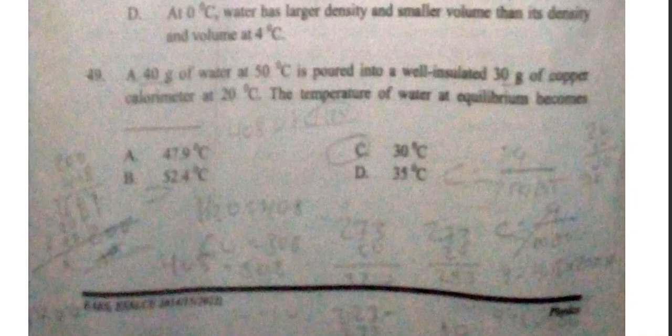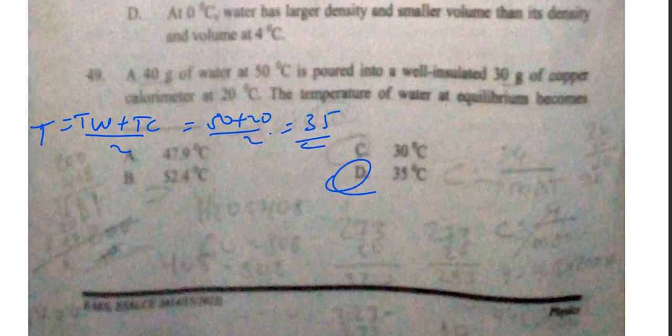If we pour 50 degree Celsius water into the calorimeter, heat will be transferred from the water to the calorimeter until thermal equilibrium is reached. The temperature at equilibrium is (temperature of water plus temperature of calorimeter) divided by 2, which is (50 plus 20) over 2, which is 35. Therefore, the answer is D.